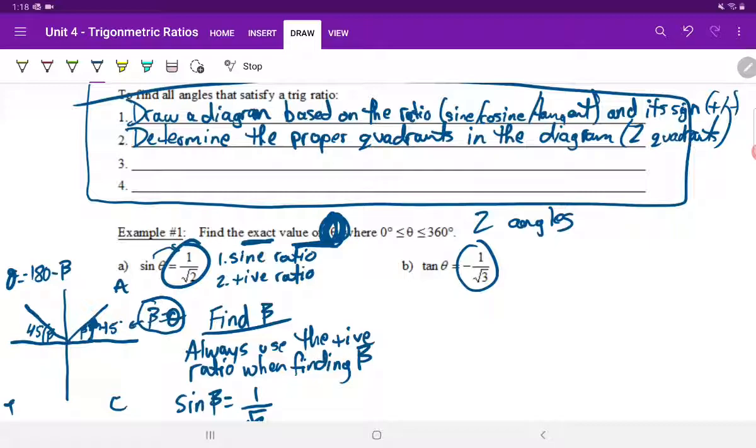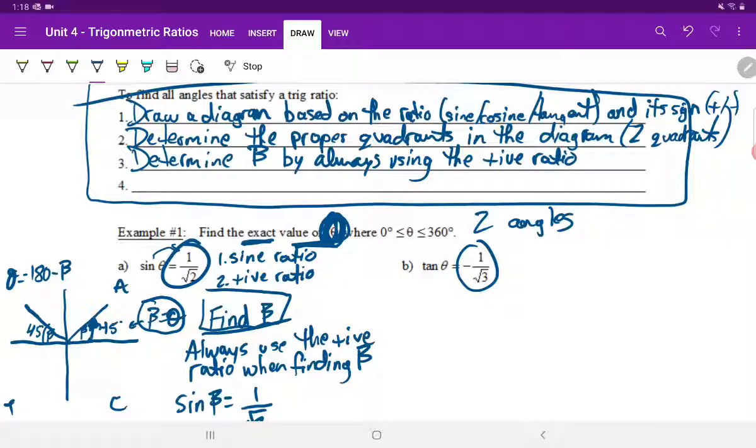Our next step is we found beta right here. So determine beta, or solve for beta, by always finding or using the positive ratio, regardless of what's given to you, whether it's positive or negative. When you're finding beta, just use the positive value.